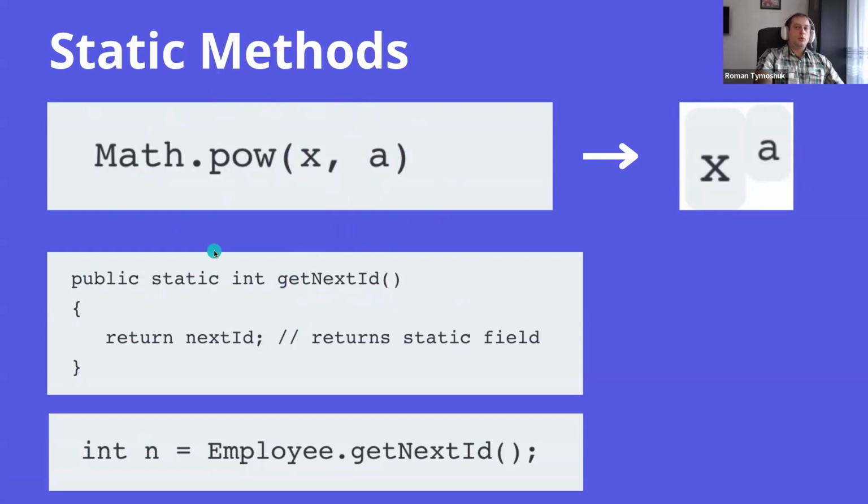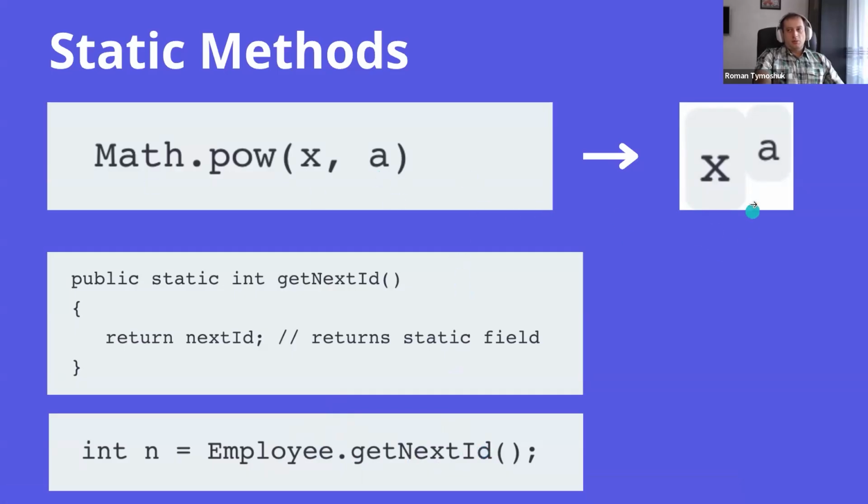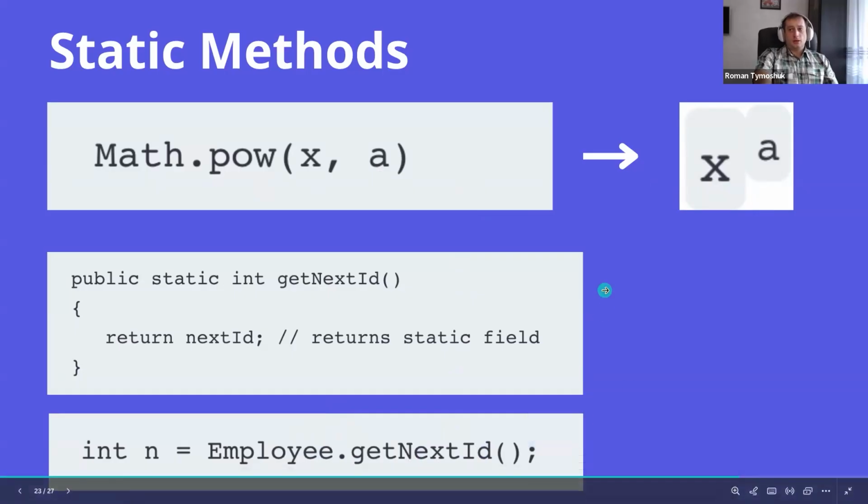So a static method can operate only with static variables, and we call them by writing the class name and the method name. They are typically used for common operations without context. So x to the power of a is a general operation outside the context of the circle objects or any other mathematical operations. And that's how it should be used.